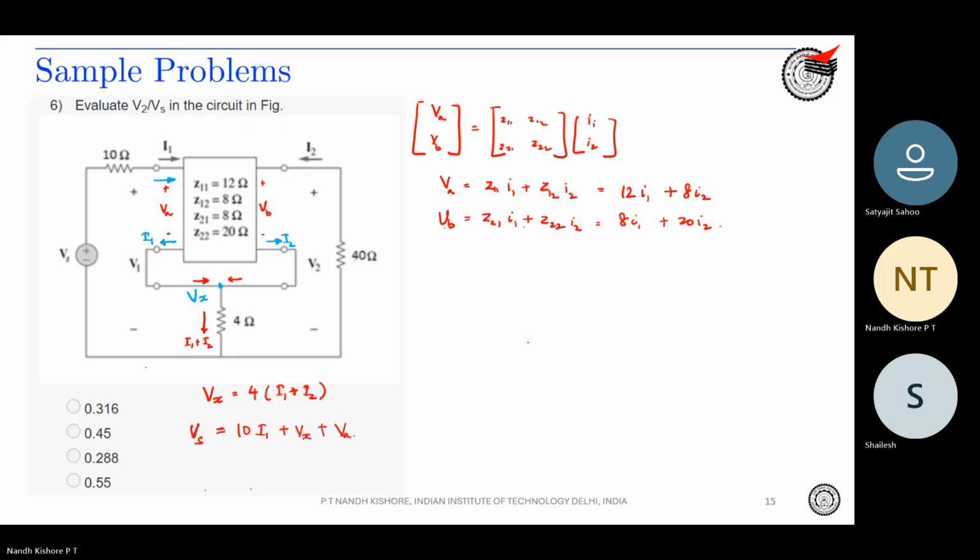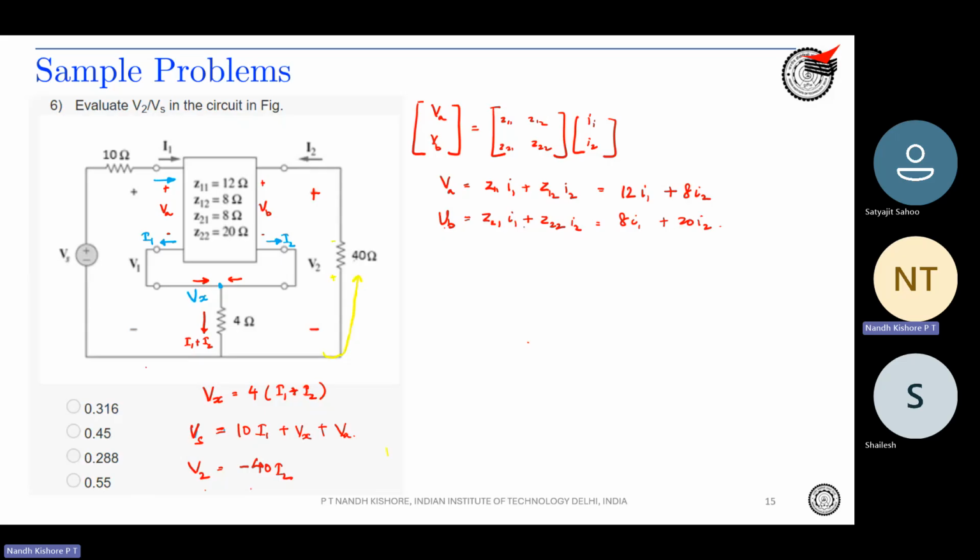Likewise, you can also write what is going to be your V2, right? You can observe that V2 is going to be minus 40 I2, because I2 is flowing from bottom to top, so the drop would be like this.